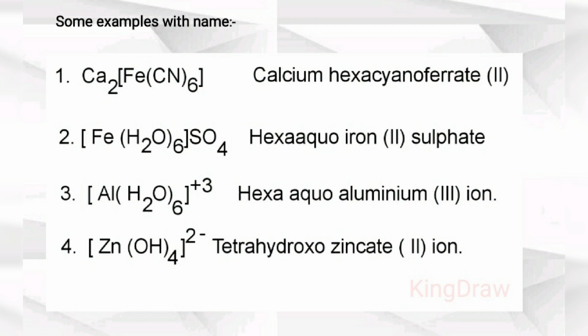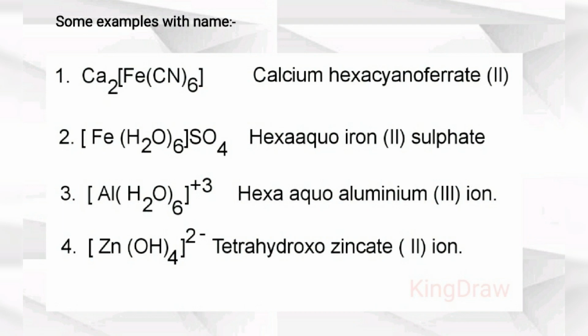See example number 3, [Al(H2O)6]3+. Here the coordination compound is already a complex ion only, meaning only the cation is present and the anion is not present. So we directly write the name of the cation. Here 6 ligands, that is water, are present.